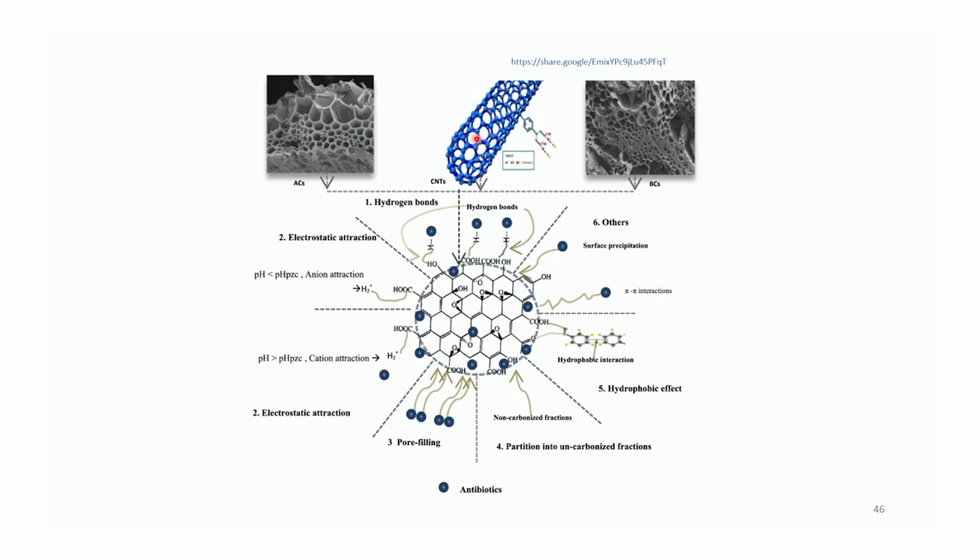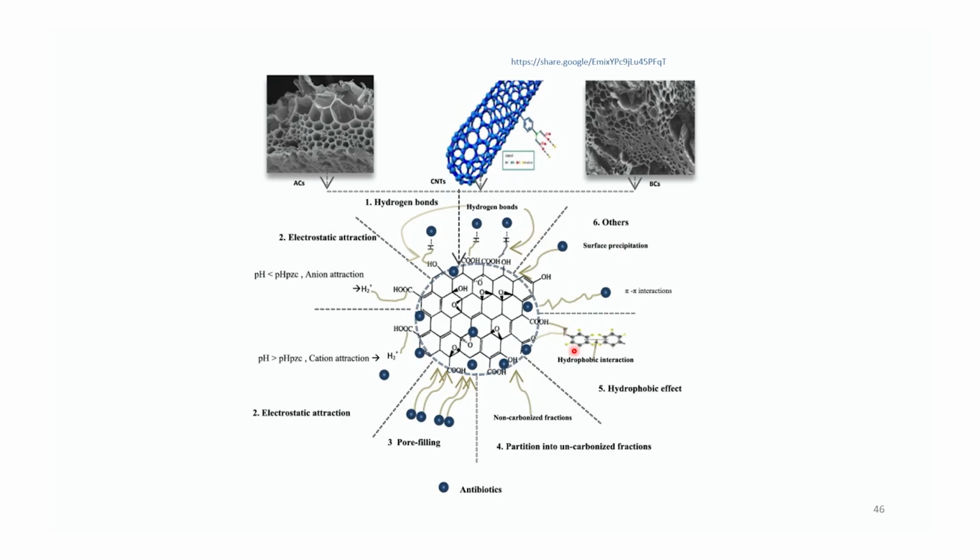So you can see the carbon nanotubes have a very high surface area, and they have these spaces, and your antibiotics are being removed via various processes. Your antibiotic can interact with this nanomaterial via hydrogen bonds. See, these can interact with these via hydrogen bond. That's a section of this carbon nanotube. So your antibiotics are basically forming hydrogen bonds or surface precipitation, pi-pi interactions.